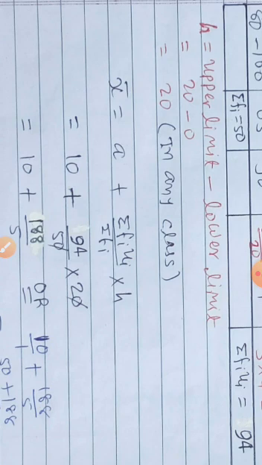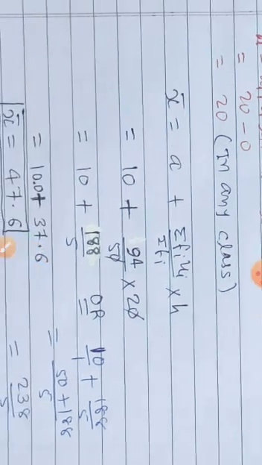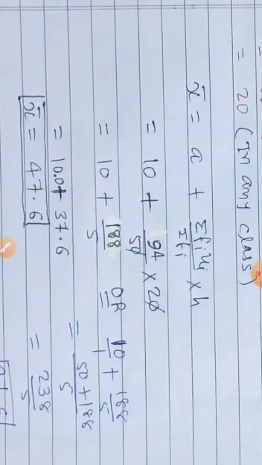So the first term is an integer, the second term is a fraction. Now there is no need to involve the first term's value in calculation, only simplify the second term. Second term means whatever is given after the plus sign, that whole term. It includes sigma fiui into h upon sigma fi. So first of all simplify the second term.